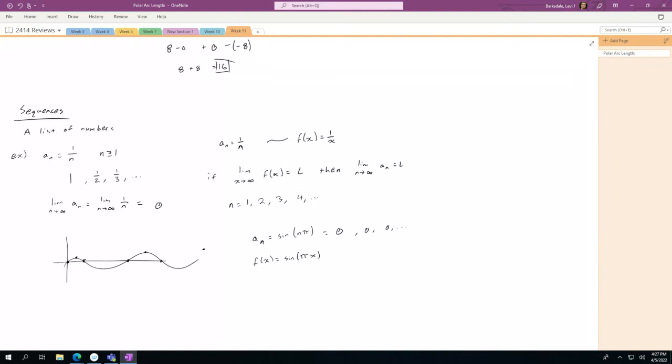So even in this odd one-off case, we still consider the limit of sine n pi to be non-existent? No, in this case we consider it to exist. Okay, at 0. Yeah. But this condition, showing that your function's limit is L, is a sufficient condition to say that the limit of your sequence is also L. You can have the sequence limit without having this precondition, but if you do have this condition, you know what the limit of your sequence is. Sound good? Yep. Cool.